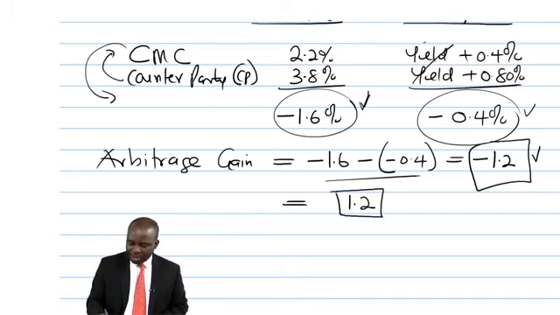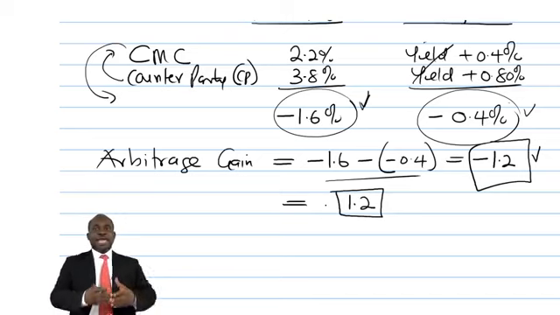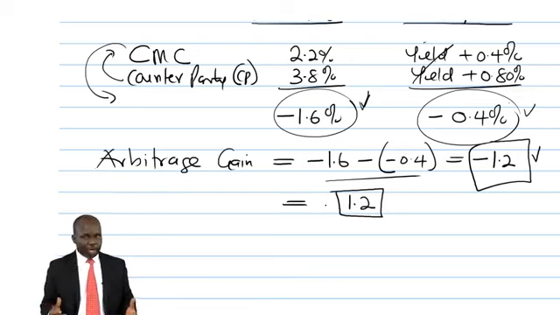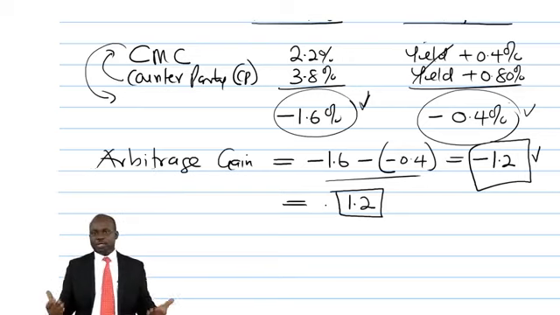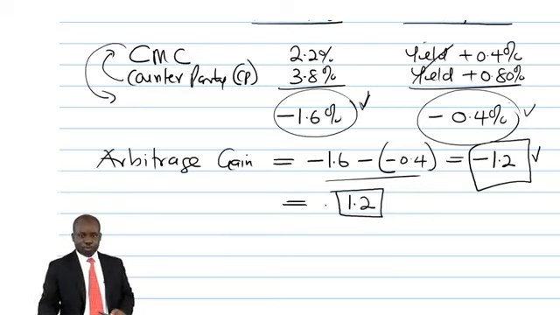Then you ask the question: if the arbitrage gain is 1.2, that is the benefit that all of us together are going to enjoy. You enjoy a bit, I will enjoy a bit. Therefore, how much will I enjoy and how much will you enjoy? The question is supposed to tell us.